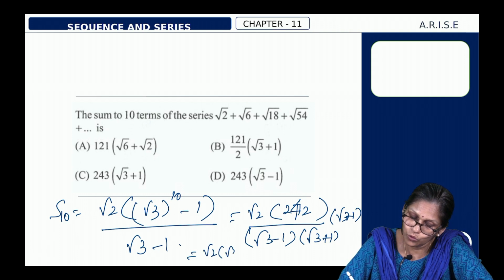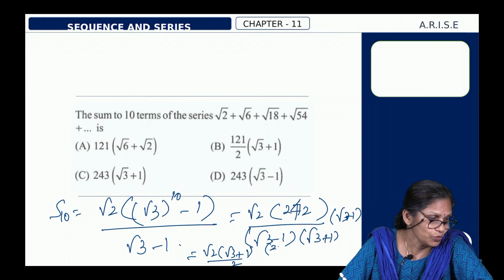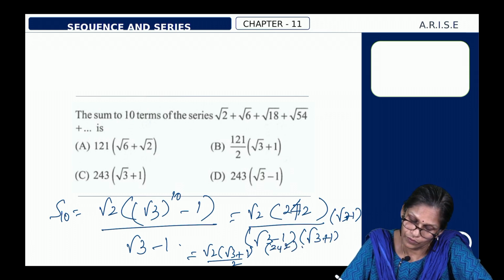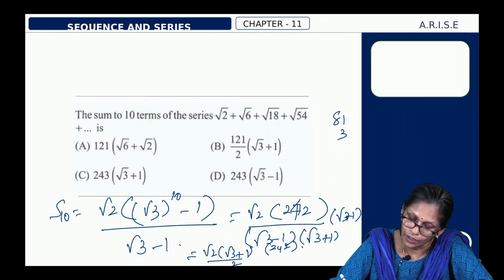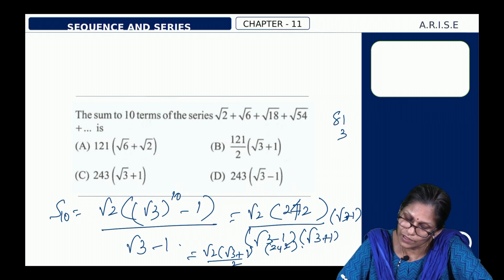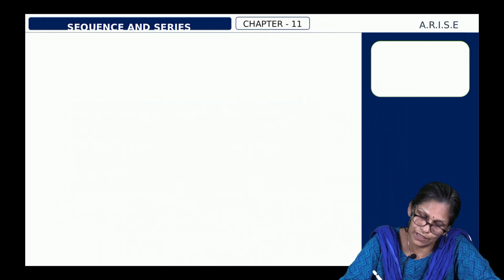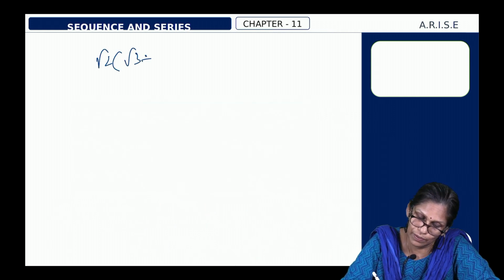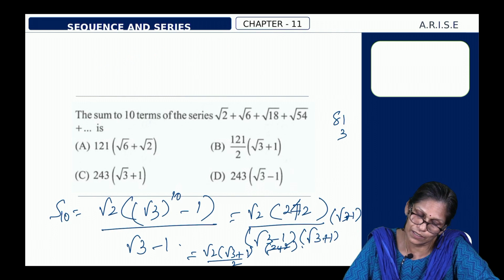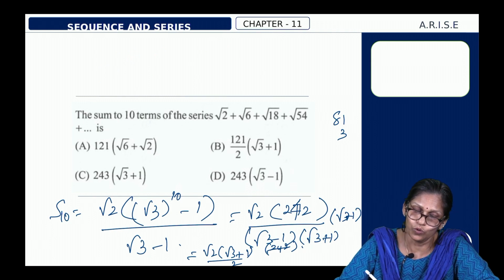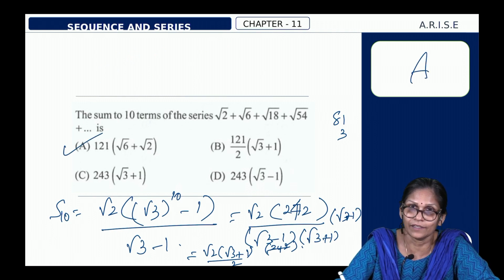Root 2 into root 3 plus 1 into 242 divided by 2. So, 2 goes in this, and it is 121 into root 6 plus root 2. Option A is your answer.